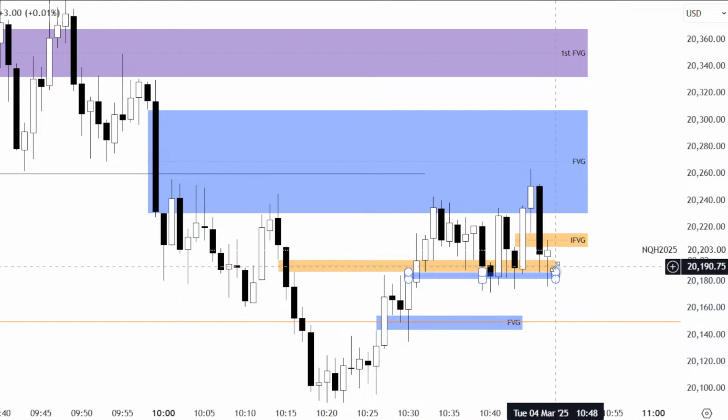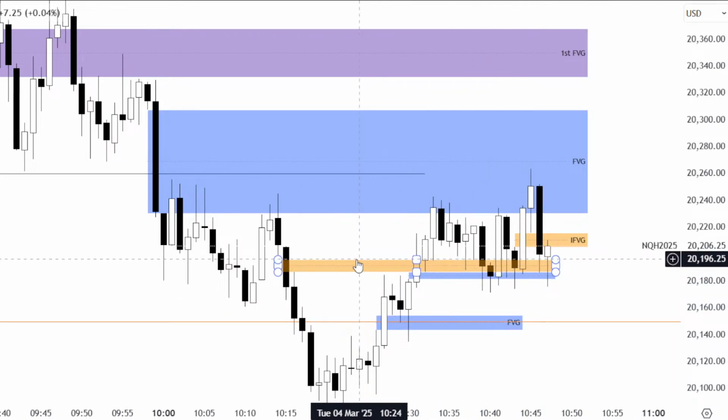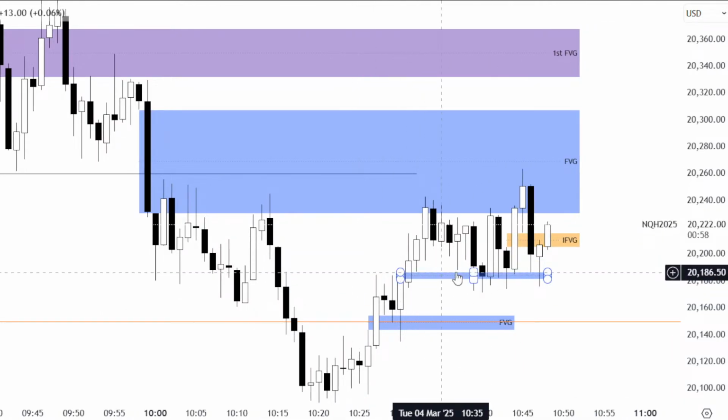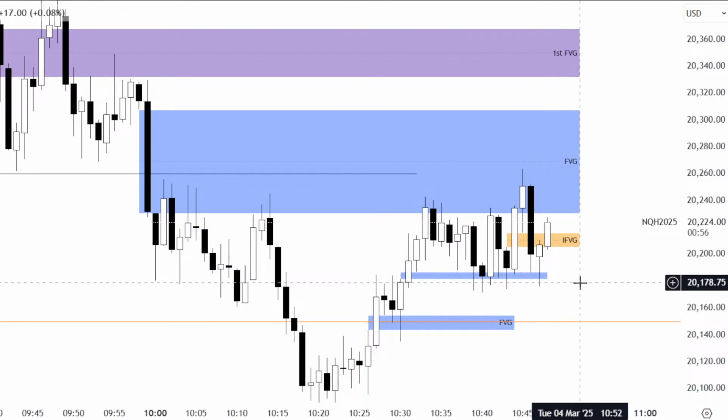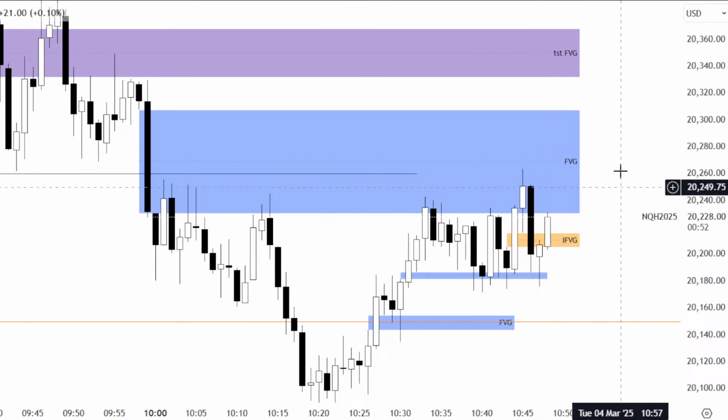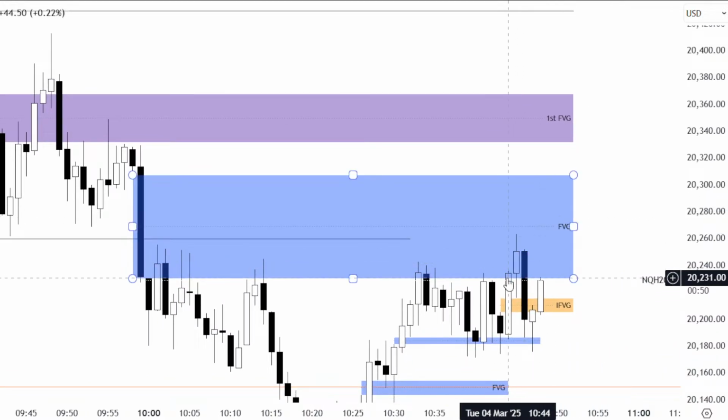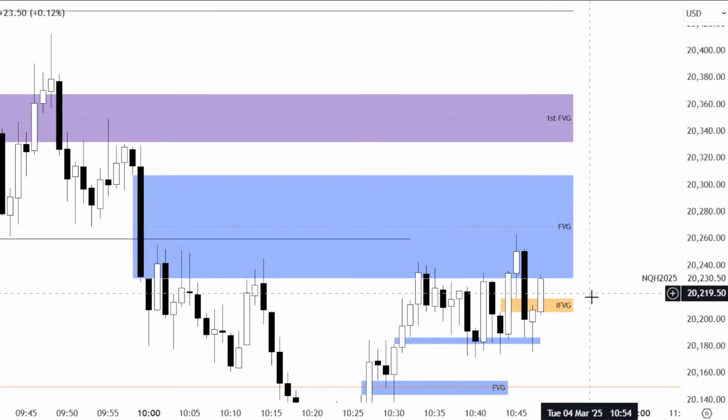But then again, guys, we're stuck between all of these gaps. So I'm going to take this out. See, there we go, invert the other side again. So we're not touching anything. I want to see what we're going to do with this big fair value gap here.